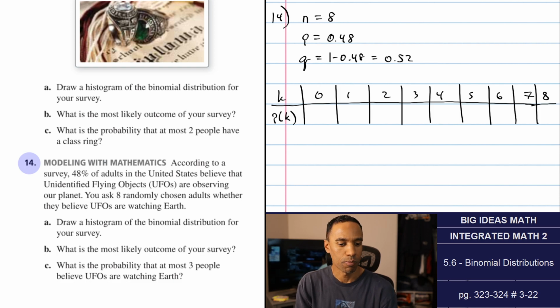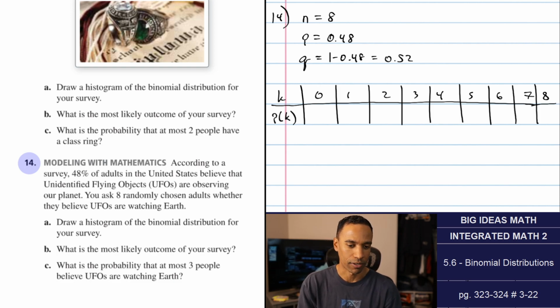Anyway, these probabilities, so here's what I'm going to do on my calculator at least. I'll use the binomial version of this. Let's do that one more time up here. Binom PDF. I have 8 trials. Probability of success is 0.48.